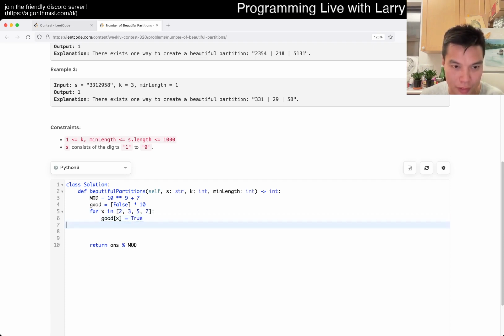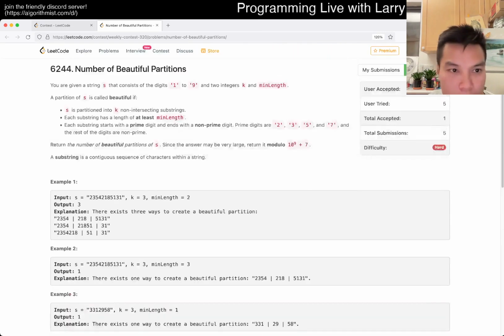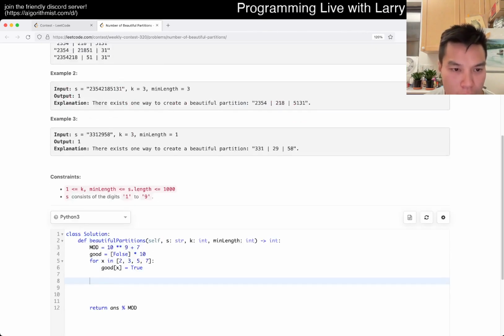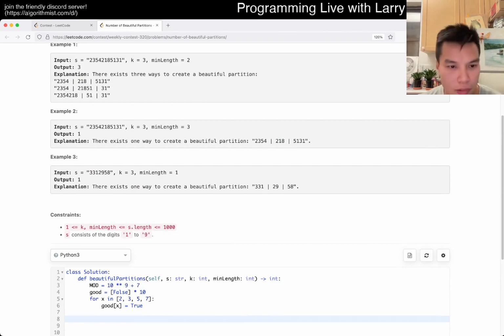I don't even know if they're good, but okay. And the rest of the digits are non-prime. So that's pretty much it, huh? So that's going to be n square.